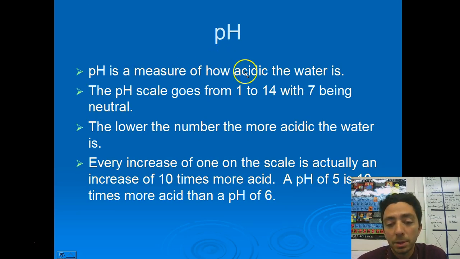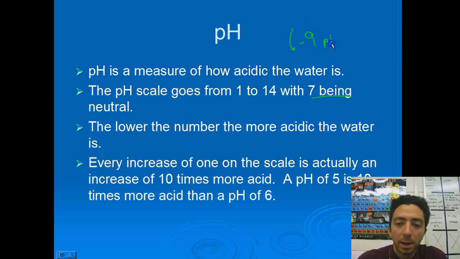pH is another good test to do. Remember, we're looking for that 6 to 9. 7 is neutral, but 6 to 9 on the pH scale is going to give us a healthy ecosystem. The lower it is, the more acidic it is, and typically, if you have a lot of decaying, dying stuff, you're going to have acidity increasing a little bit.